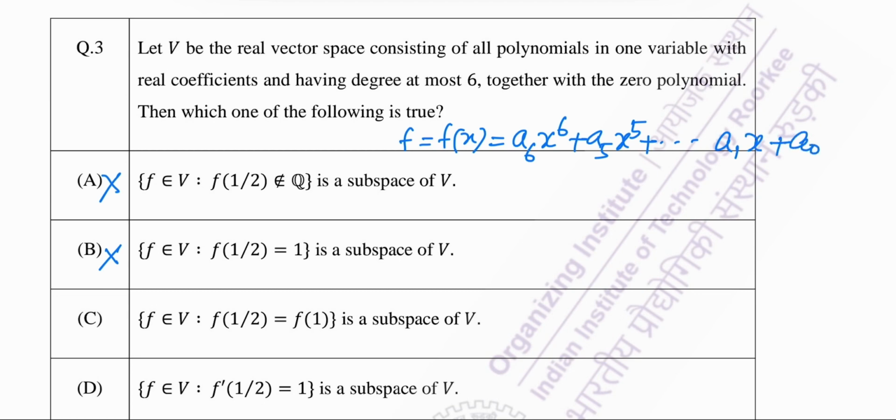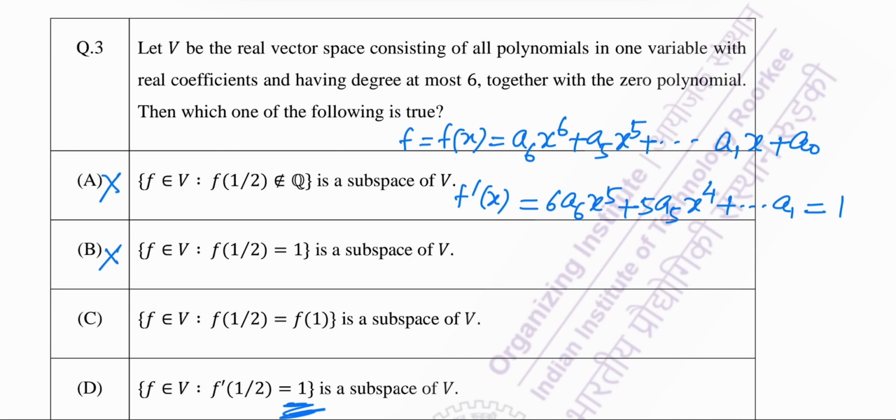Okay, and here this time differentiation. So we have to first differentiate this one, then f dash x will be 6 a6 x to the power 5, 5 a5 x to the power 4 plus dot dot dot a1, and this should be equal to 1. Here it is given 1, you see here.